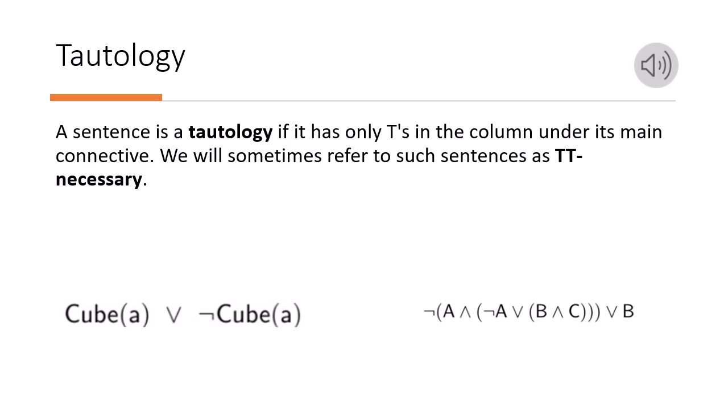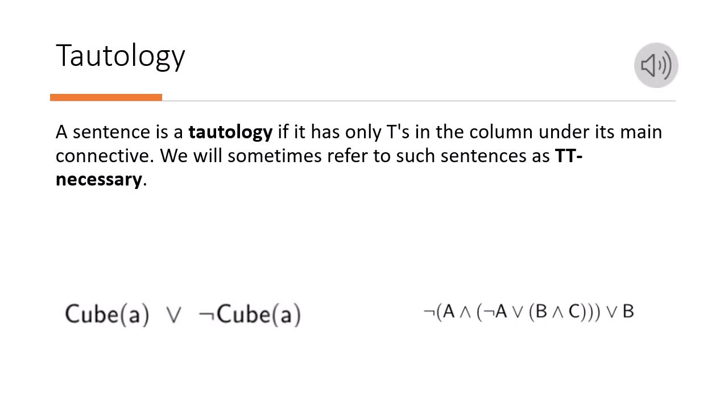The word that we'll use is tautology. And a sentence will be a tautology if it has only T's in the column under its main connective. And because of the truth functional nature of these complex sentences, what that means is that that sentence will be true in all possible circumstances. In other words, it's a logical truth.